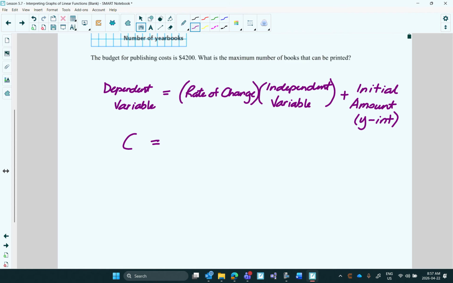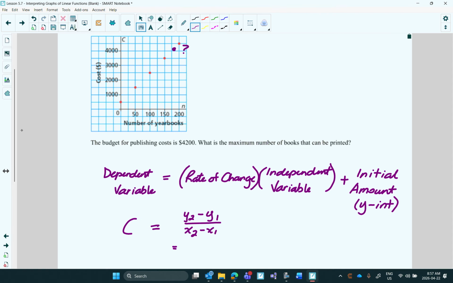And remember, we're going to calculate by going y2 minus y1 over x2 minus x1. So I need 2 points. Well, here's 2 points, 0, 500, and 50, 1,500.